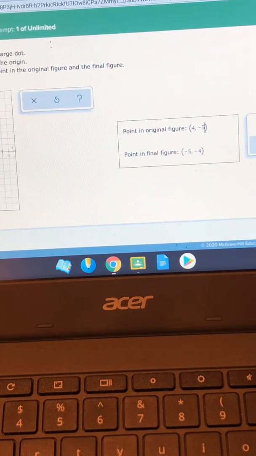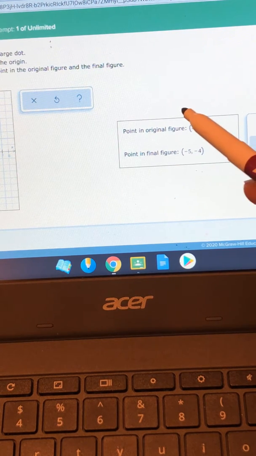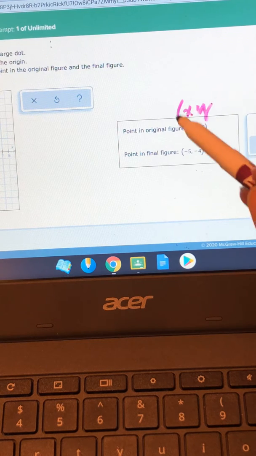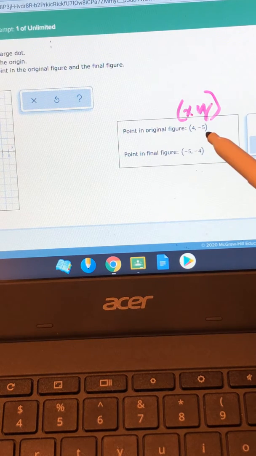What I want to point out here is the connection of what you can do when you are rotating 90 degrees clockwise. You take the 2 numbers in your ordered pair and you switch them. Here's the X and the Y in each ordered pair. That's my X 4, Y -5. I'm going to flip them.